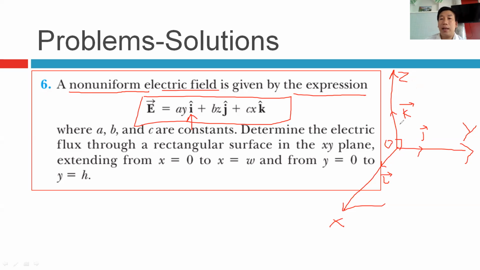Three of them are unit vectors. Please remember that. So when they provide you the electric field in this formula, it means the electric field in 3-dimensional space, and a, b, and c are constants.